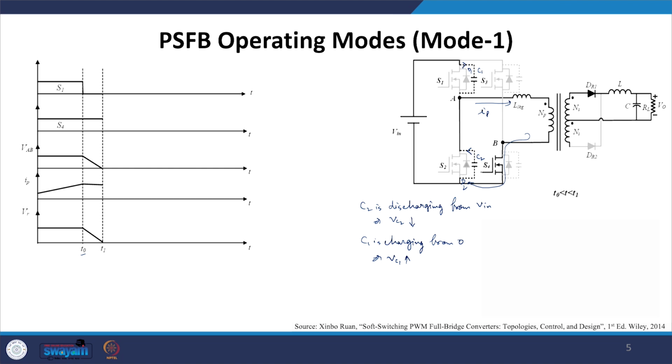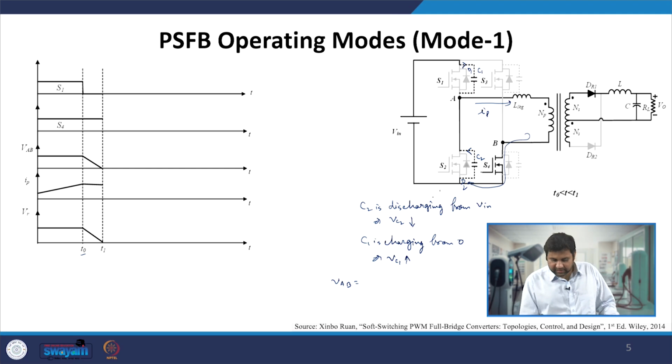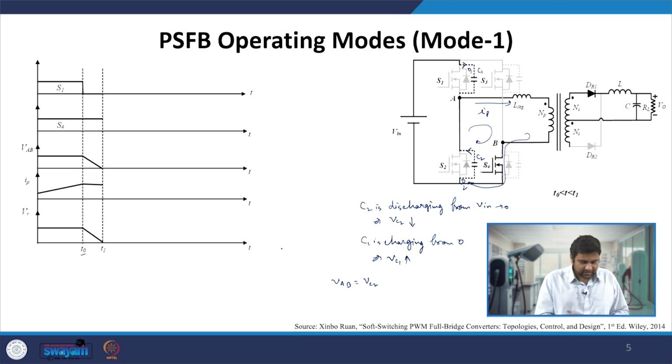Now if we look very carefully, VAB, if you take the loop in this direction, is nothing but equal to VC2. Since VC2 is discharging from V in to 0 voltage, VAB is also falling down, and if we take the slope, dV/dt of this is nothing but equal to the current IP which was there at T naught.